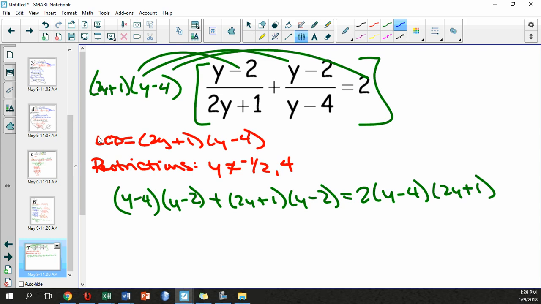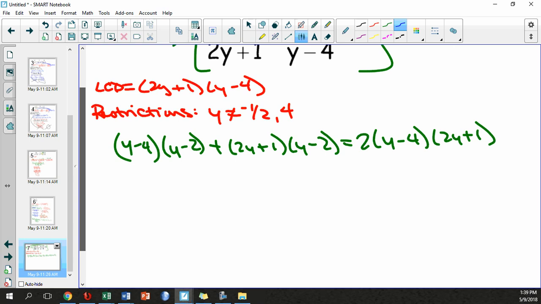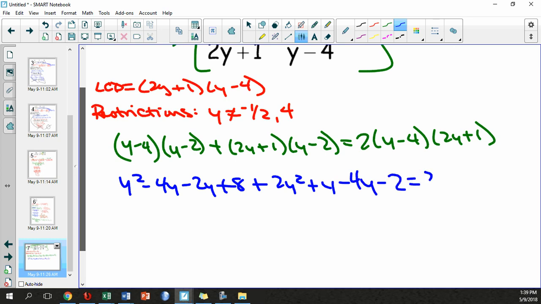And what do you do from there? FOIL: y squared minus 4y minus 2y plus 8 plus 2y squared plus y minus 4y minus 2 equals 2y squared minus 8y plus y minus 4.